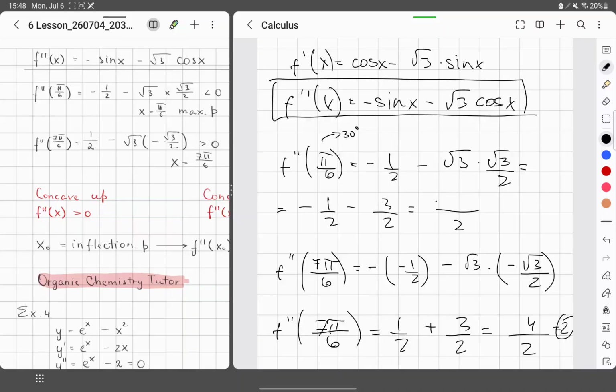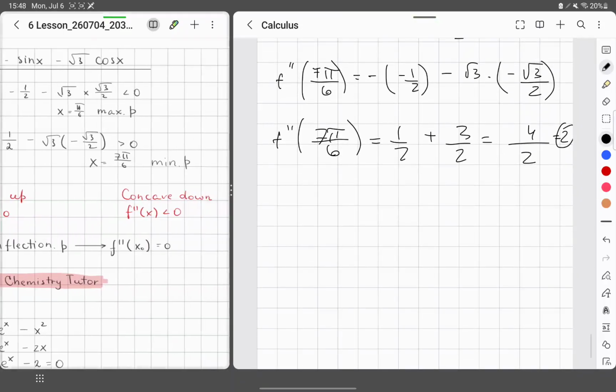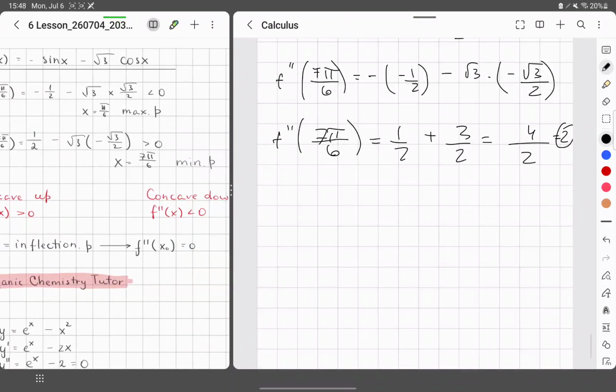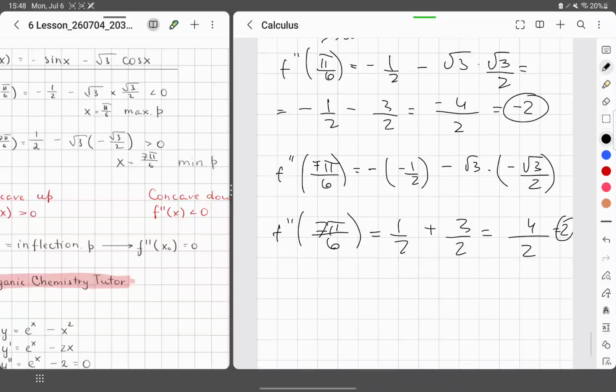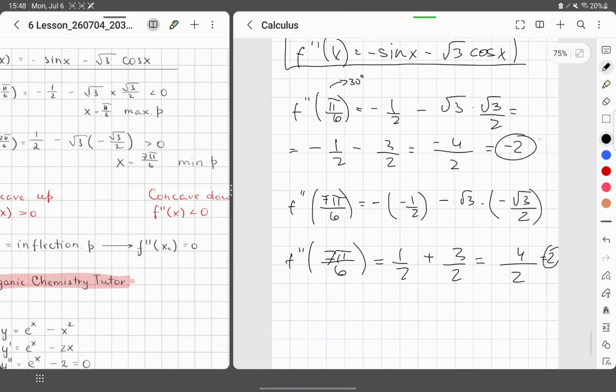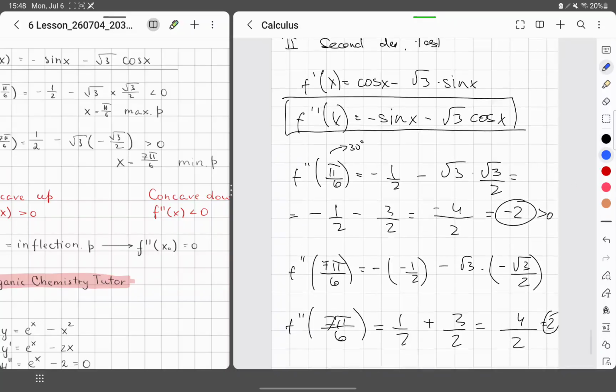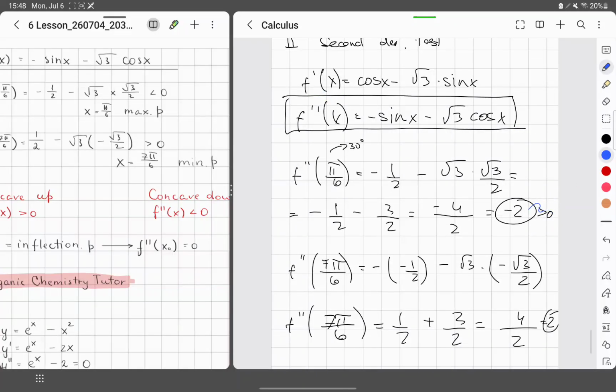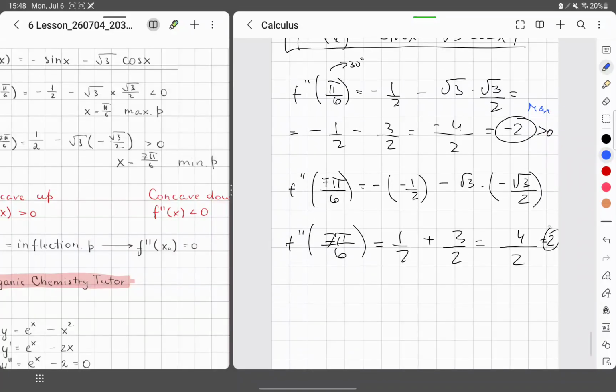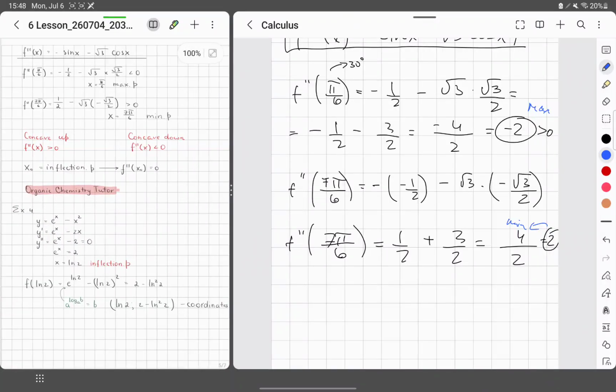That will be negative 4/2, negative 2. Is that true? Yes, we didn't basically need to calculate. We just need to measure whether that is a maximum or minimum. In the second derivative test, if it is negative, that is a maximum, and if it is positive, it is a minimum point. Don't forget.